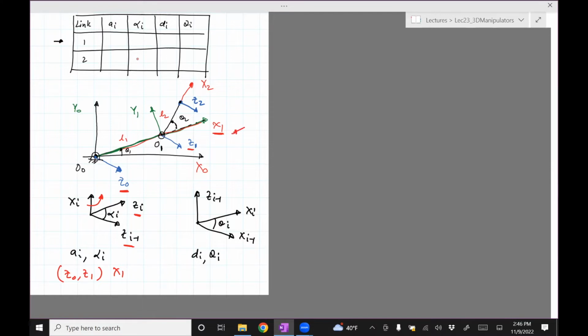So we're going to view this way. z1 and z0 are parallel, or the angle between them is 0. So this becomes 0. Okay, this requires a little bit of practice, I guess. So the more you do it, you get the hang of it.